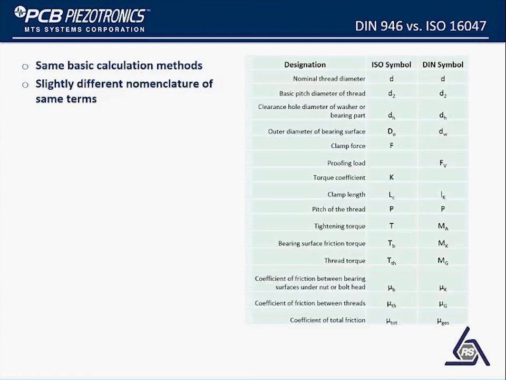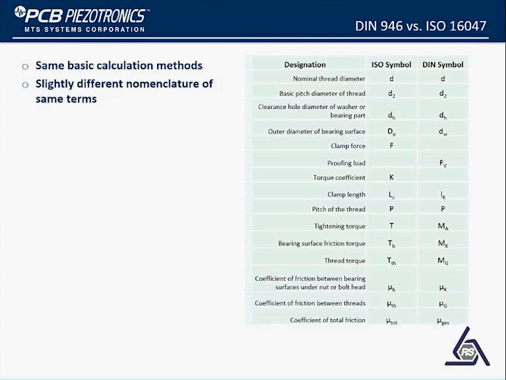For friction testing, we can refer to standards such as DIN 946 and ISO 16047. Those are established standardized test methods often referred to in OEM or industry specifications. They contain some basic calculation methods.